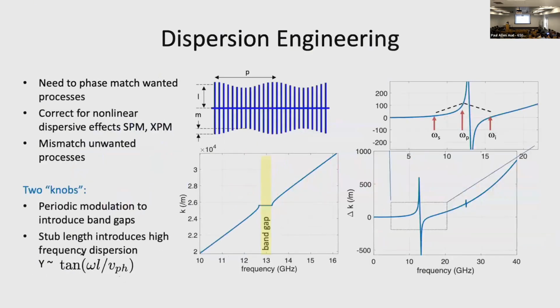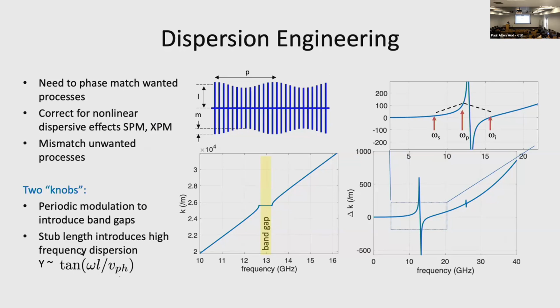The key to making this work is to properly engineer the dispersion of the transmission line. And so there are two main goals there. First, we want to phase match the nonlinear process that we want, parametric amplification in this case.